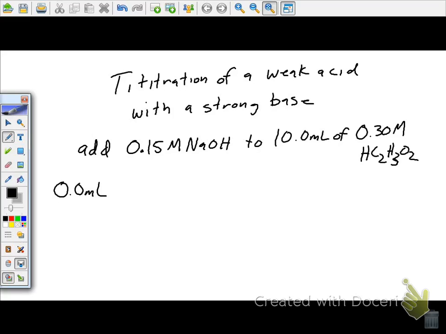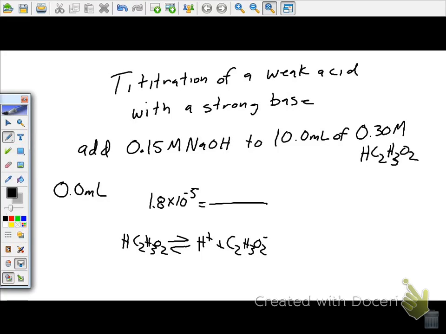Okay? So you set up your expression that says 1.8 times 10 to the minus fifth, the constant, equals, and then we have our equation down here: HC2H3O2 goes to H plus and C2H3O2 minus. So for those, you have your initial, and that would be 0.3 molarity, and this would be 0, 0.